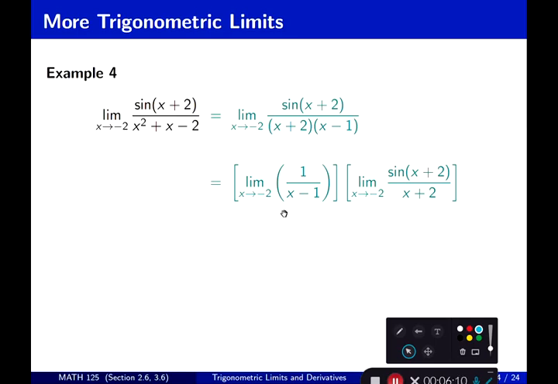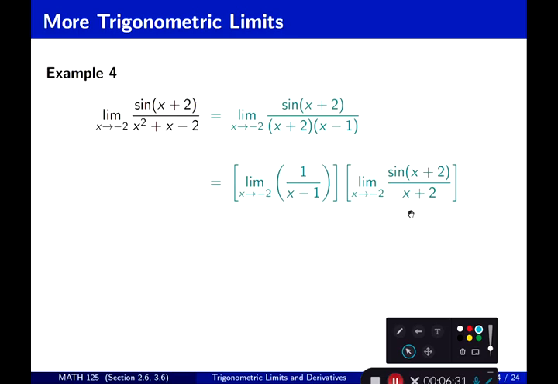When you do that and put the limits on each of them, the first one is not an indeterminate form. It has a number. If I plug in -2 in here, direct substitution is the way to go.